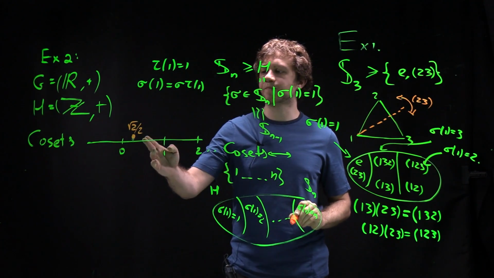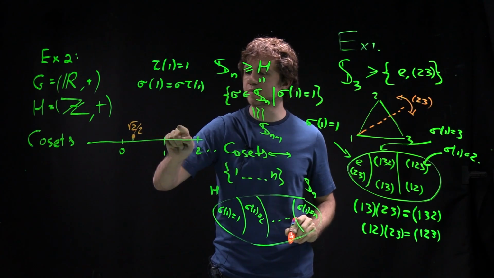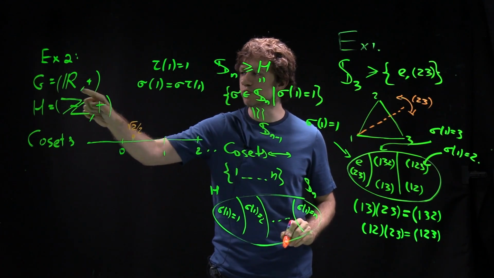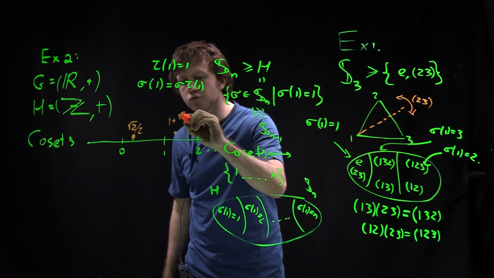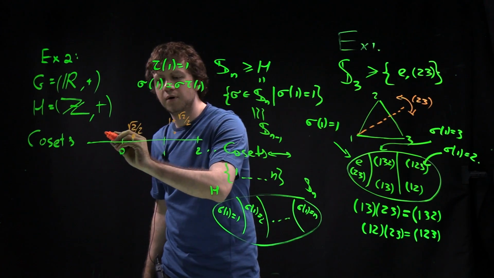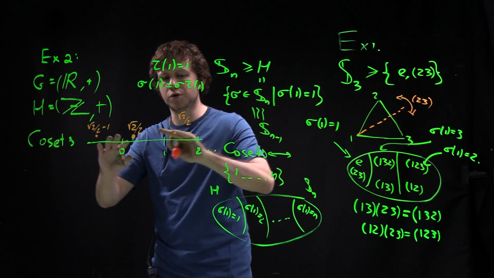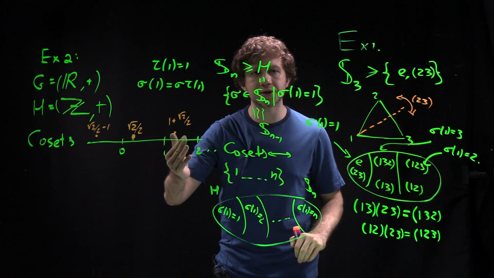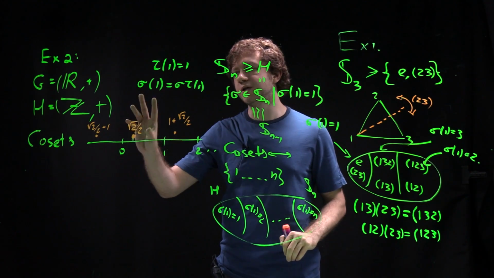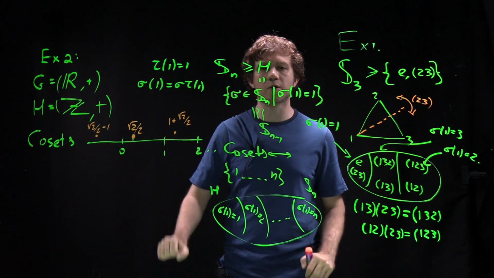And then, what is a coset? It's some subset of G containing this element, basically shifted using H. So in the same coset, we'll have the element 1 plus square root of 2 over 2. In the same coset, we will have square root of 2 over 2 minus 1, and so on. All of them form a coset. So cosets are: integers, real numbers, but 2 real numbers are equivalent if they differ by an integer.